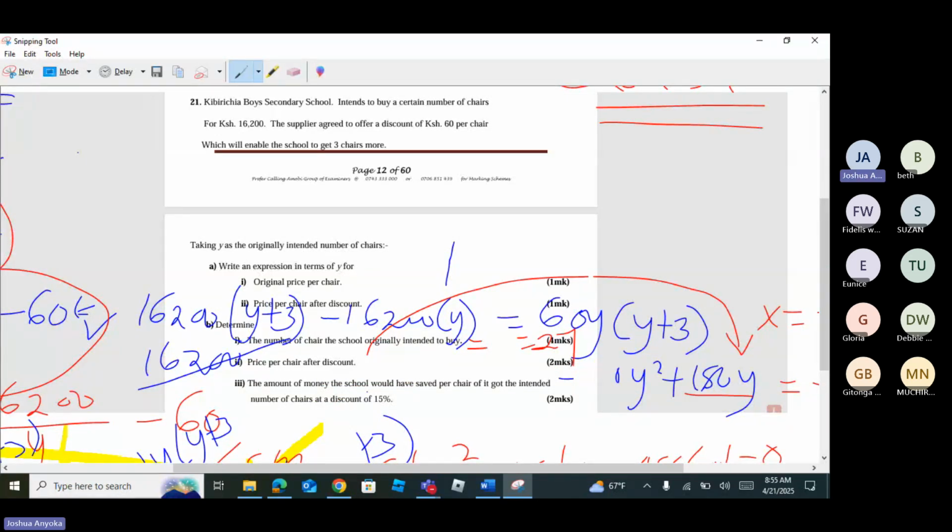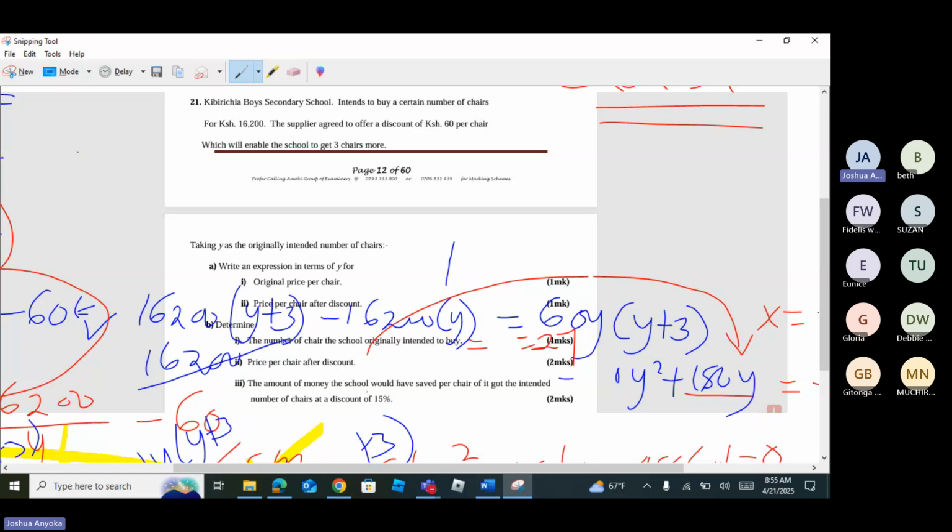The amount of money the school would have saved per chair if it got the intended number of chairs at a discount of 15%.